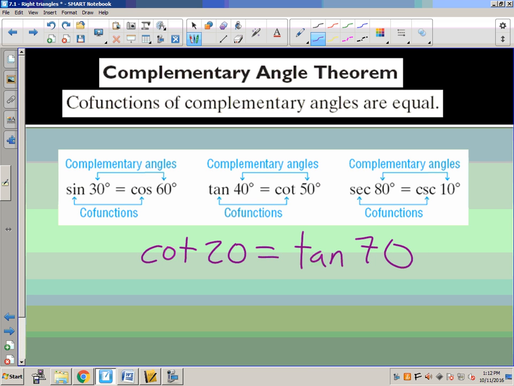These two things are cofunctions. These two angles are complementary angles. Therefore, those two things have to be equal to one another. How about the sine of 15 equals the cosine of what? 75. You get the idea?